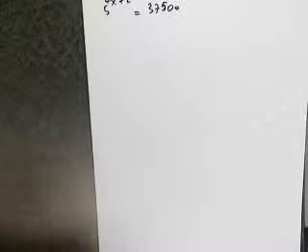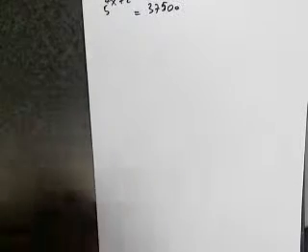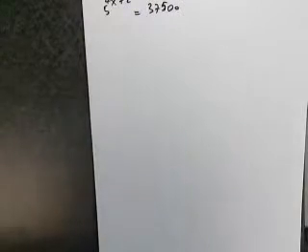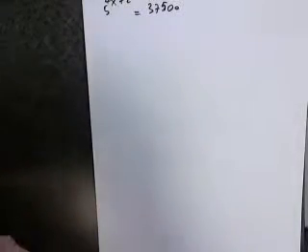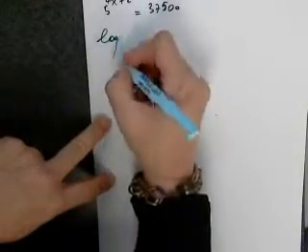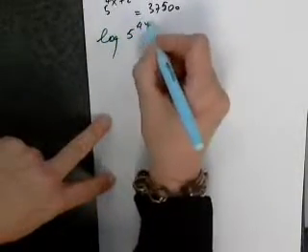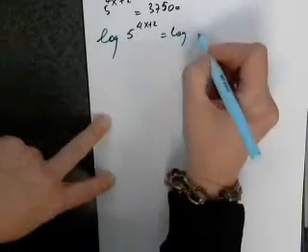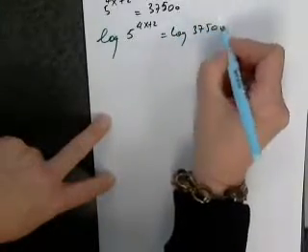The number is too big for me to worry about it. So, what do we do? Very good. We want to apply common log to both sides. So 5 raised to 4x plus 2 and common log of 37500.